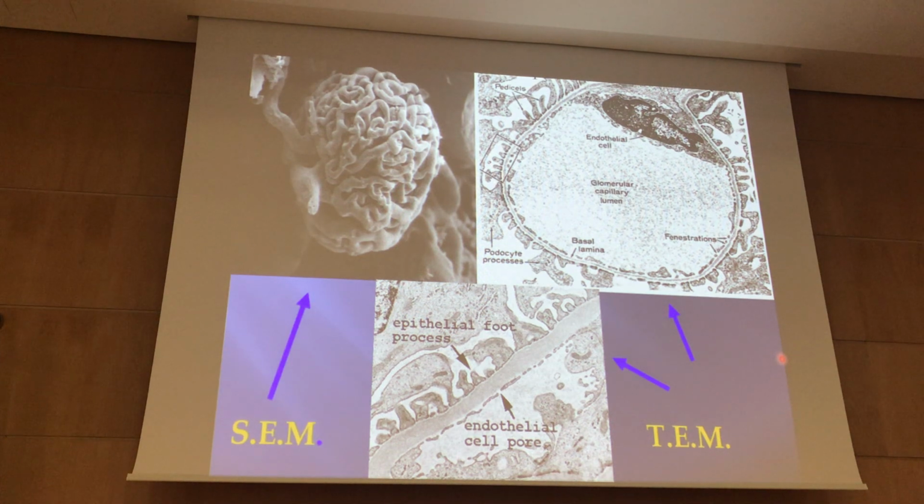So when the blood comes there, it goes from inside to outside and then passes through the basement membrane, right? So this is the high power view. This is the basement membrane, and this is the endothelial fenestration pores. This is the foot processes. Normal. Clear? Should we move now?